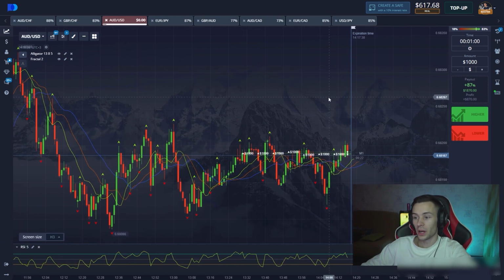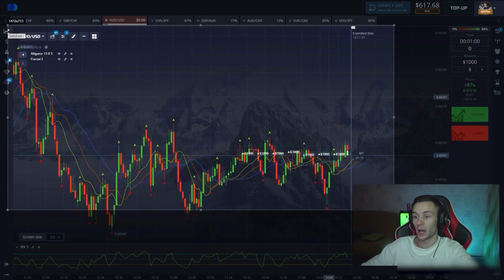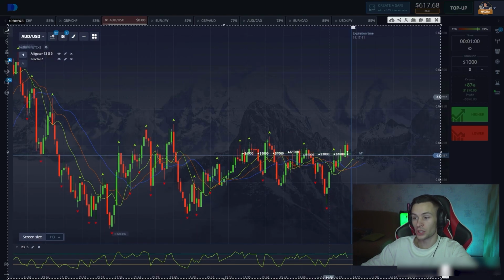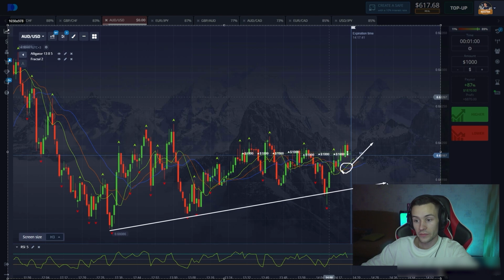I think the breakout is imminent here, while having the upward dynamics on the chart. We'll open our trades following the trend, and look, here's the crossing on the moving averages, and every single one is facing upwards. The more upward dynamics prevails here, and that's why we're following the trend direction.